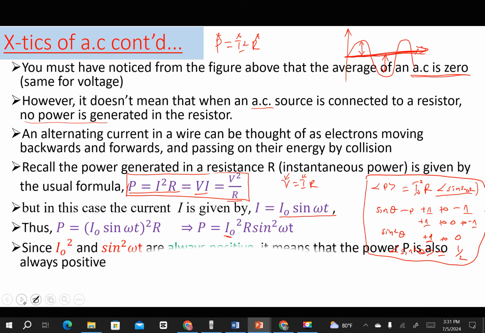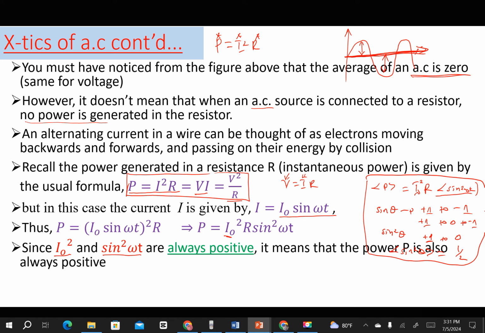So since I naught squared and sine squared omega t are always positive, it means that the power P is always positive. So we don't expect negative power in alternating current, even when the average current is 0, even when the current keeps changing direction, both positive and negative.